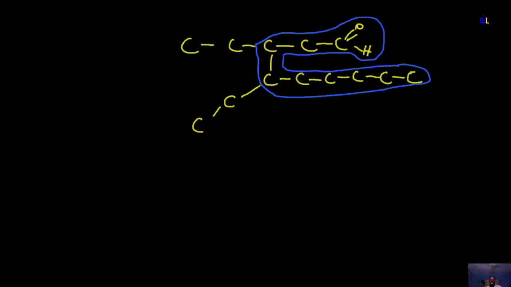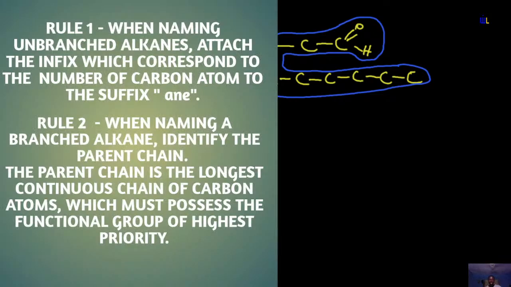So remember, let's put up that rule or principle we said. If you look at the screen again, when we were putting out the principle behind naming the parent chain, we said that the parent chain is the longest continuous chain of carbon atoms which must possess the functional group of highest priority. As much as we are counting the longest chain, we should also bear in mind that that longest chain must carry the functional group of highest priority.